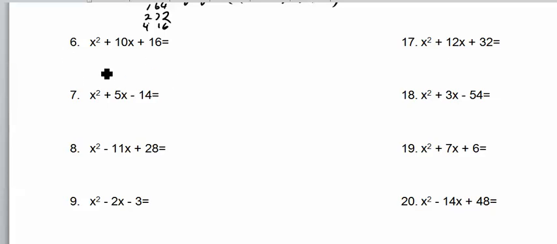I'm going to go ahead and leave that number 6 for you to do, and I'm going to do number 7. So because this is minus, we're looking for factors of 14 that when we subtract them equal 5. So we have 1 and 14, 2 and 7. And when we subtract 2 and 7, we get 5. So those are the ones we're looking for.